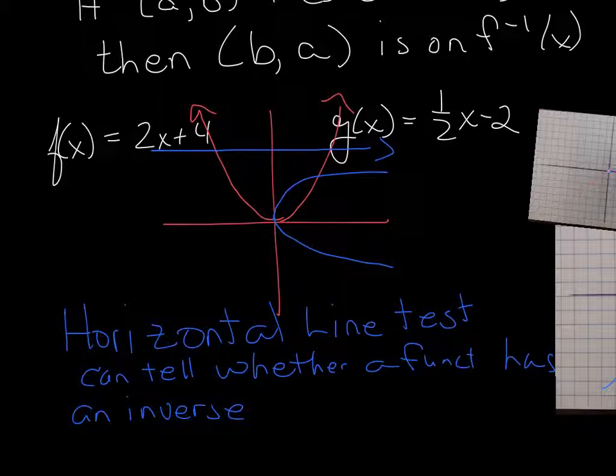So that tells us that it does not have an inverse function. You can only intersect the function in at most one point for it to pass the horizontal line test.